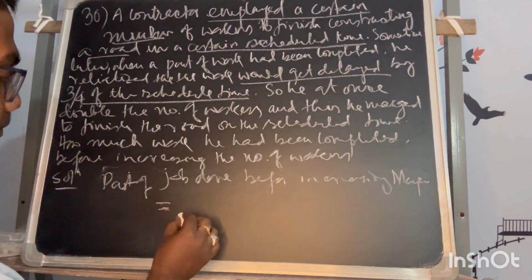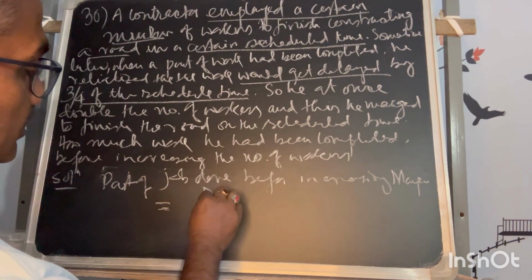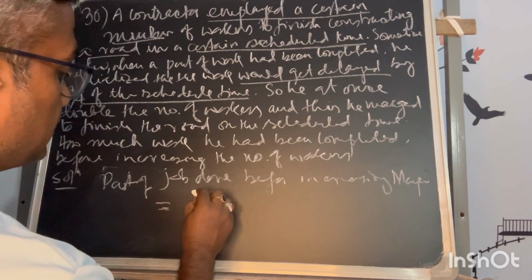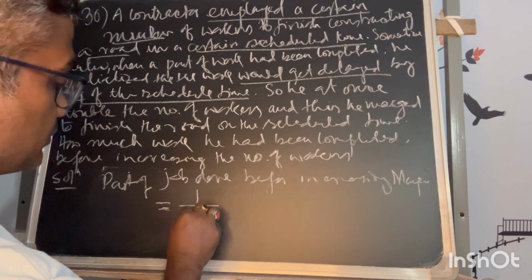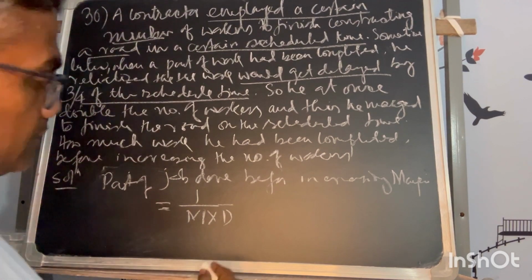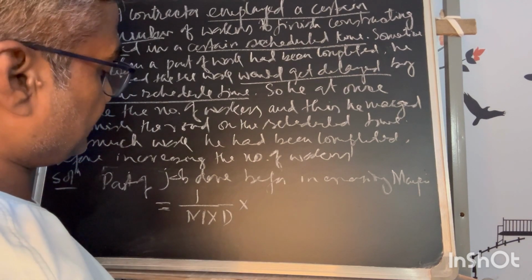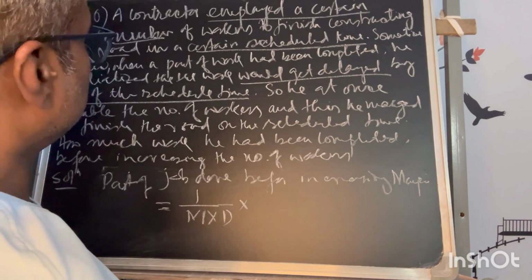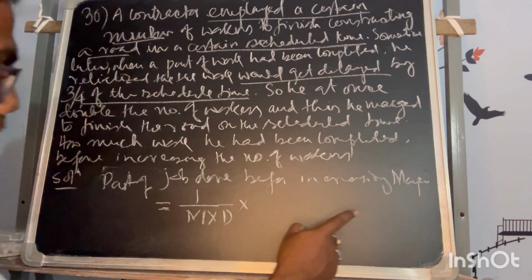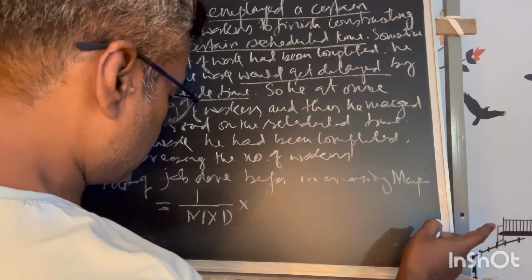The fraction of job done is equal to the rate of job, that is m into D, isn't it, into what I have calculated there, 2D minus D1.